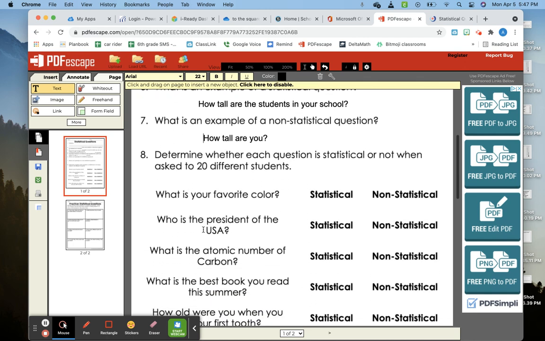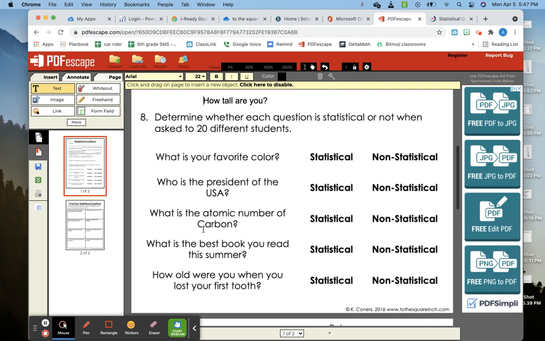Let's look down here at some of these examples to help a little bit more.